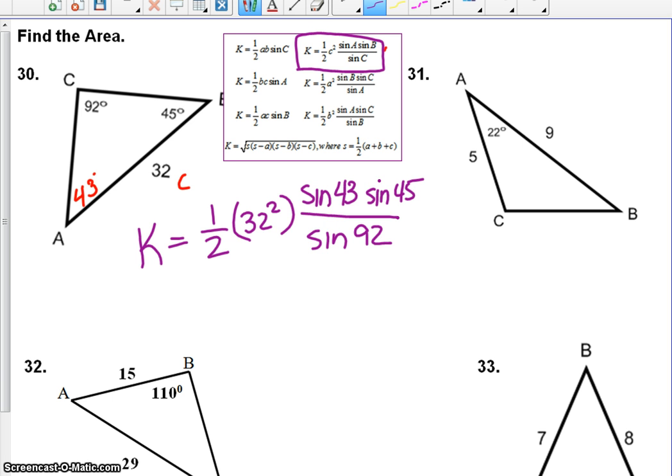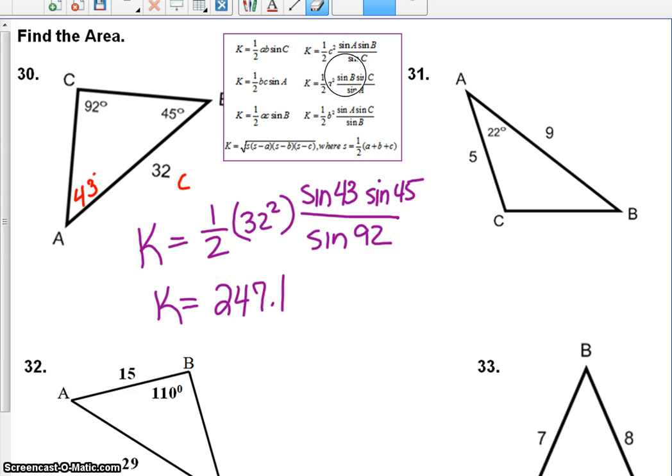Now I just need to calculate the answer. It's really just a matter of putting it into the calculator. I got 247.1.